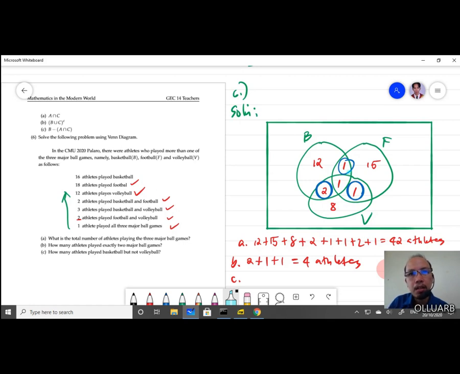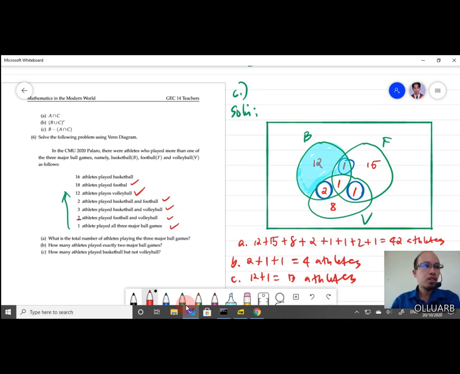So we have B minus V, this portion here. Okay. So the answer is 13. 12 plus 1, we have 13 athletes played basketball but not volleyball.